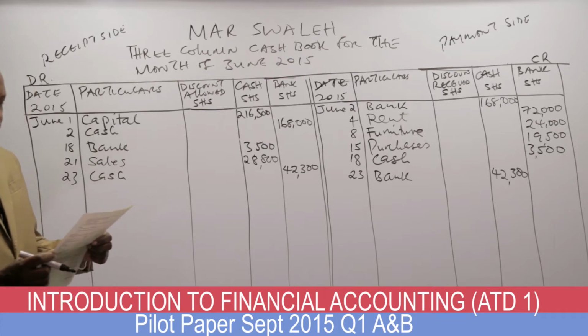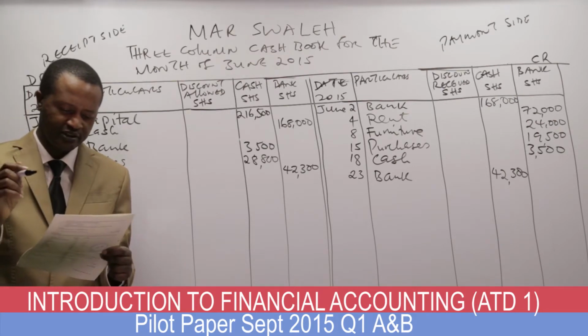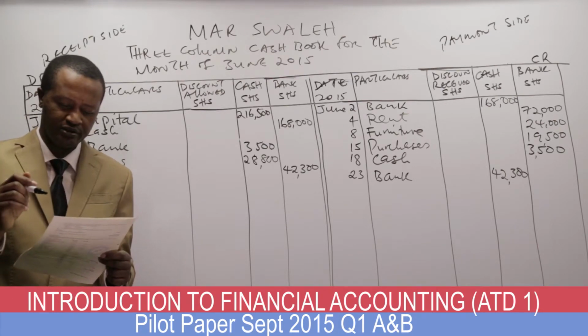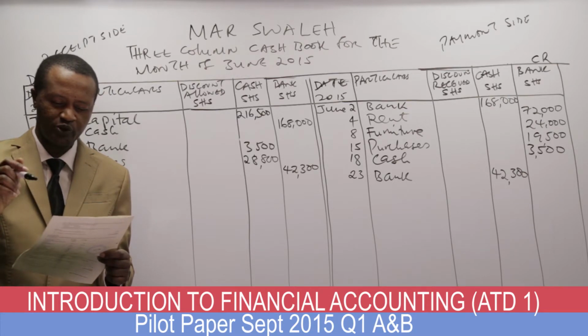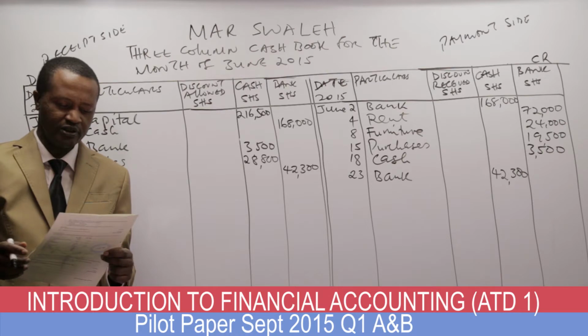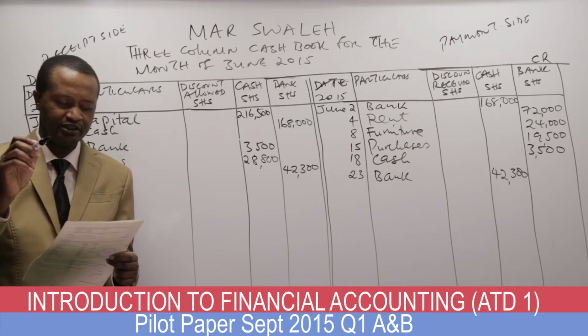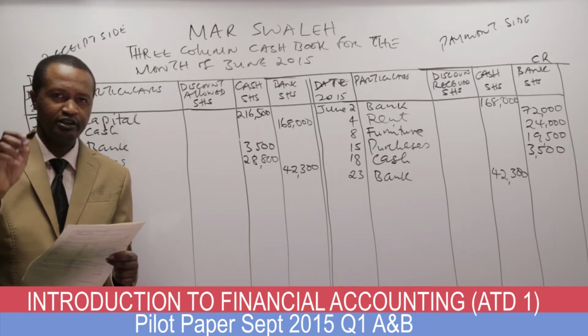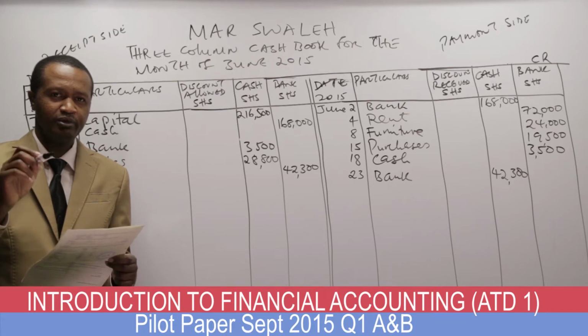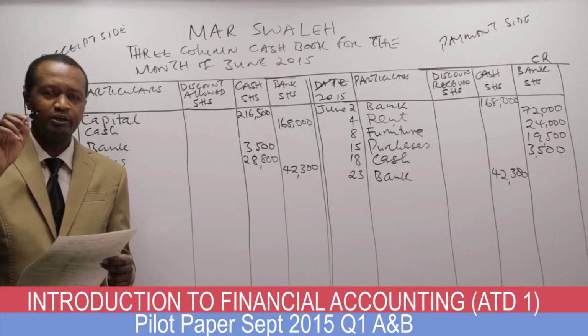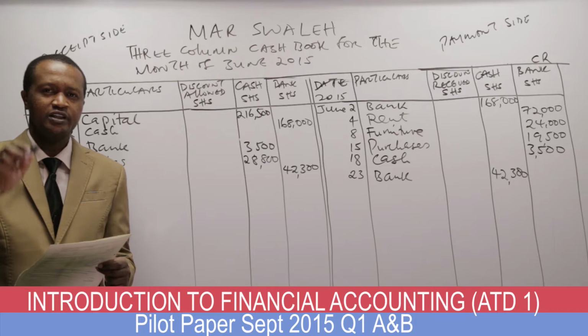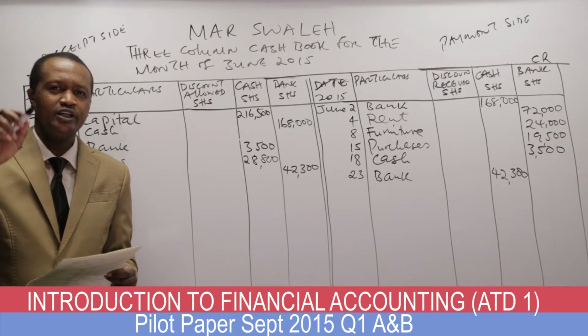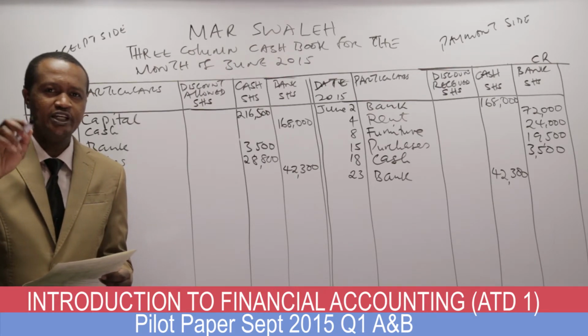On 25th, we are told purchased goods on credit from J. Bakare with credit terms of 2/10 net 30 for 21,000. This is a credit purchase. Remember, the cash book is a book of original entry used to record only cash transactions.